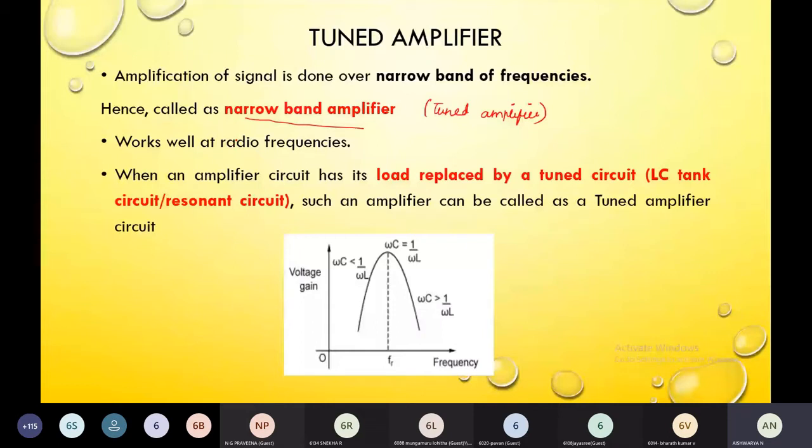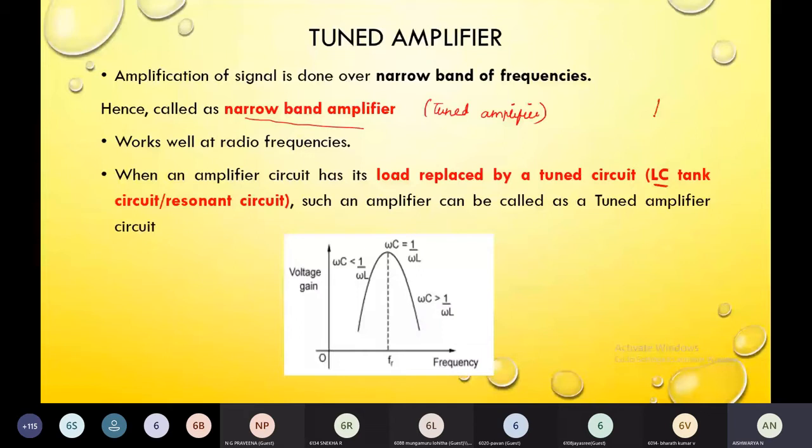What are all the components we have in your tuned amplifier? We have basically L and C components in order to form your tuned circuit. And where will we place this tuned circuit generally? In your transistor, often you will have your load part here, correct?